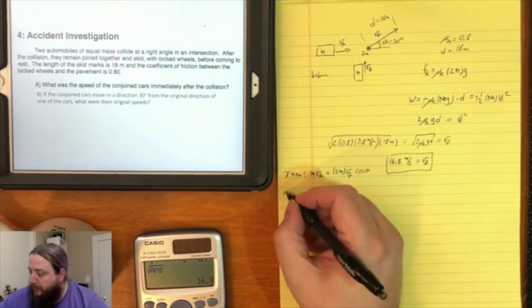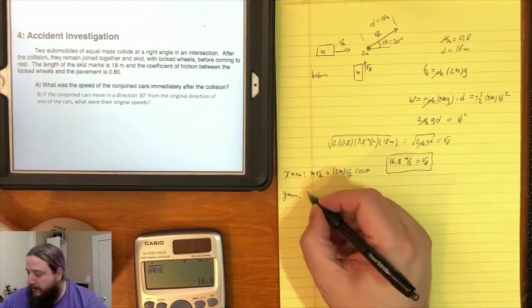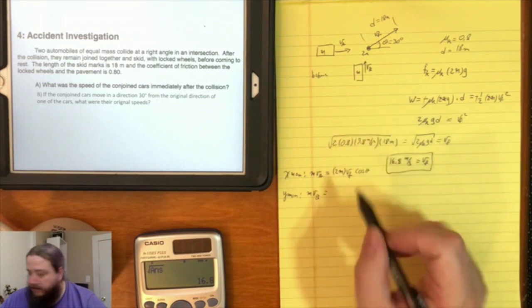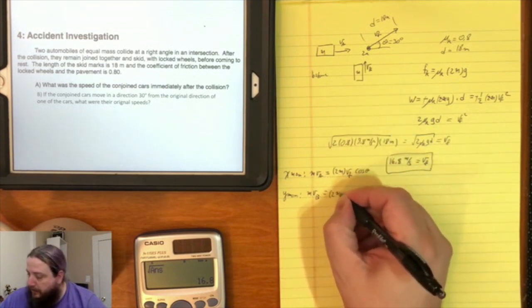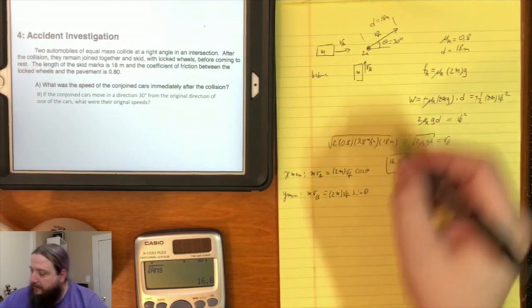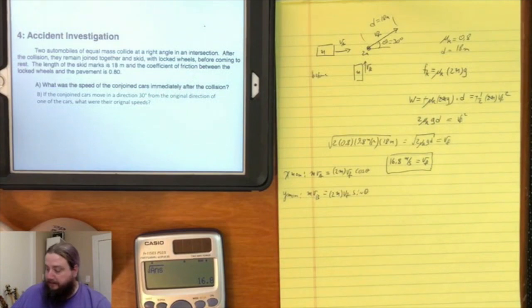And similarly, the y momentum looks like m times vB equals 2m vf sine theta, so the vertical component of that.